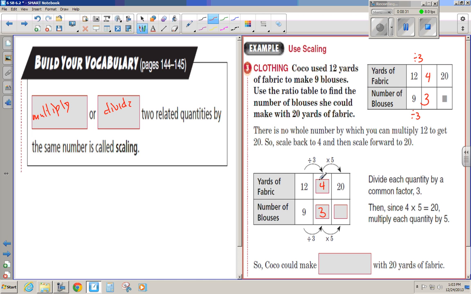Once you have a 4 here, and the reason we chose a 4 is because we know how to multiply 4 to get to 20, you multiply by 5, and you'd get 20/15. So Coco could make 15 blouses with 20 yards of fabric.